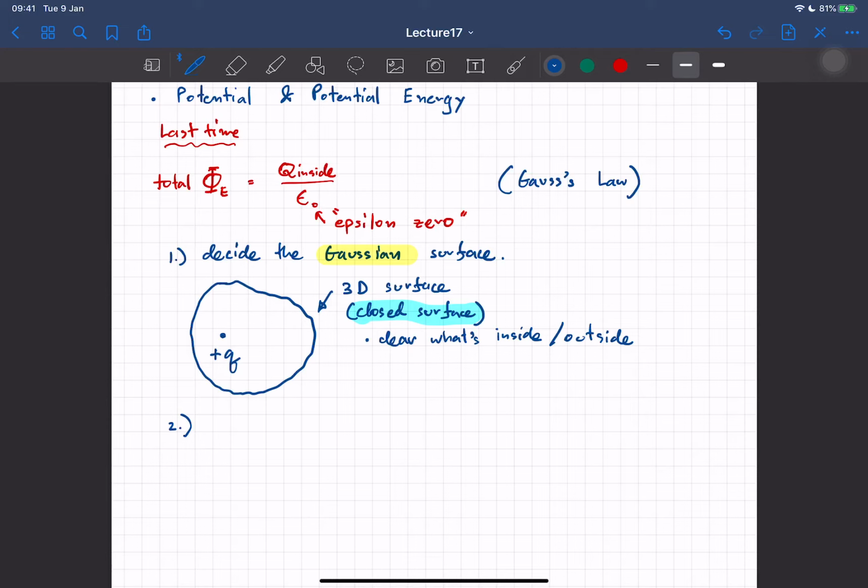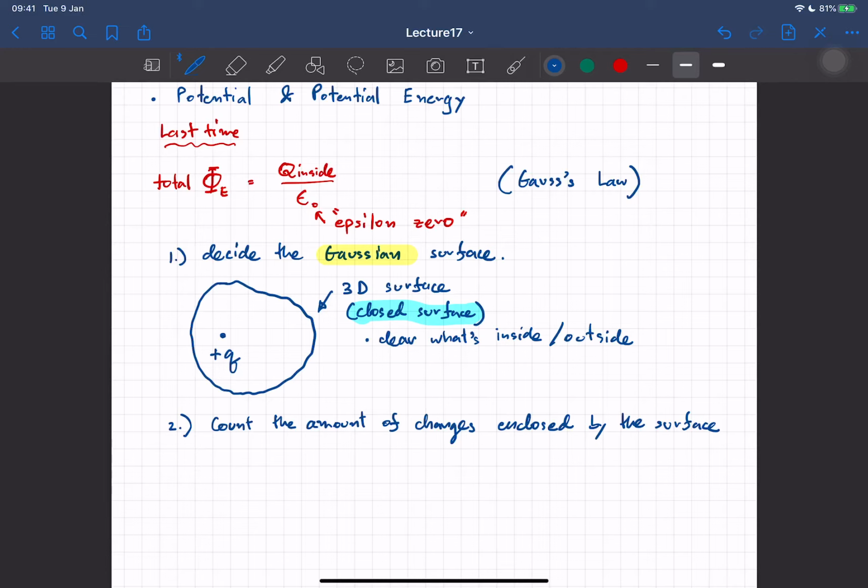So number 2 is to count the amount of charges enclosed by the surface. Enclosed by the surface means the amount of charge which is inside the surface.